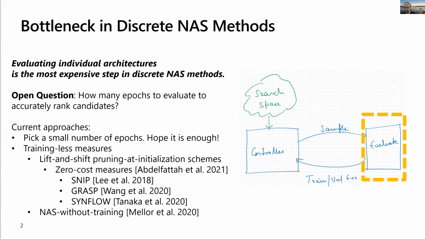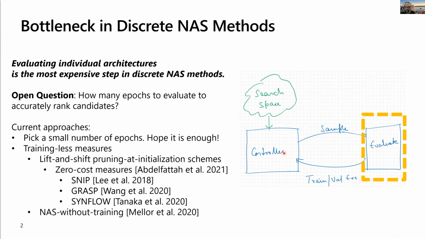The big bottleneck is evaluating architectures. Almost all discrete NAS algorithms can be represented as: there's a search space, and we have some control or update law from which we will sample architectures. We will sample architectures, evaluate them, get some training or validation error, and update our controller and ask what the next set of architectures to sample is.